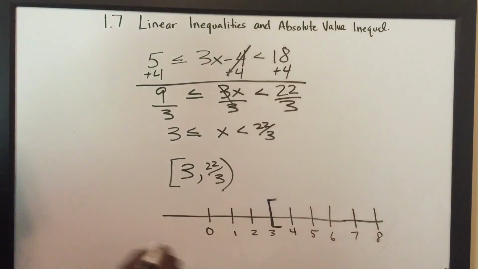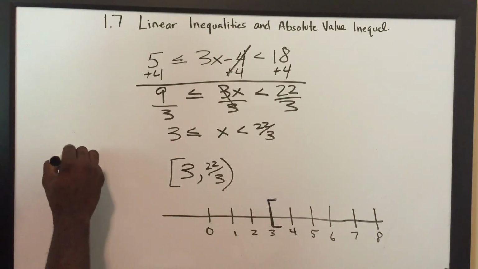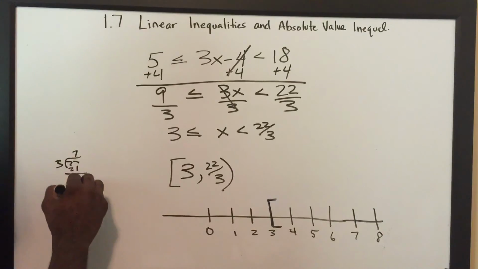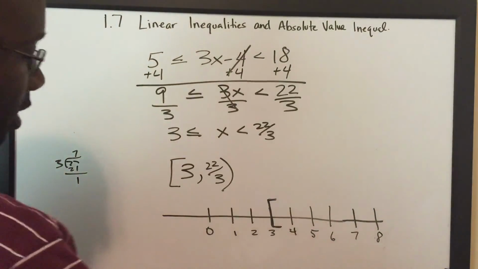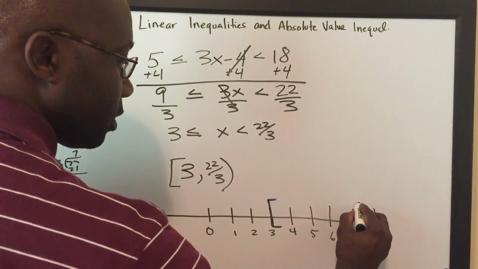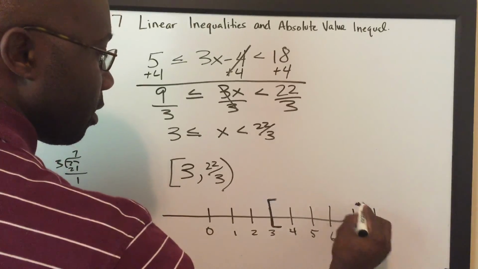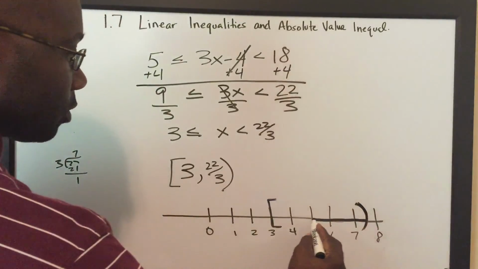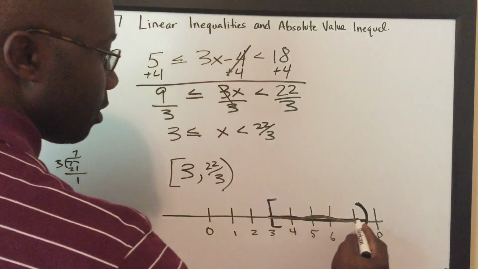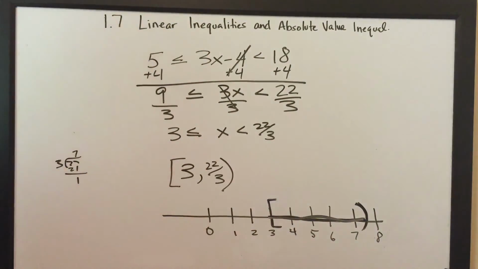And then 22 over 3, that's 7 and 1 third, so somewhere between 7 and 8. So I'm just going to put my parenthesis right there. And then draw my connection between these two guys right here as my solution.